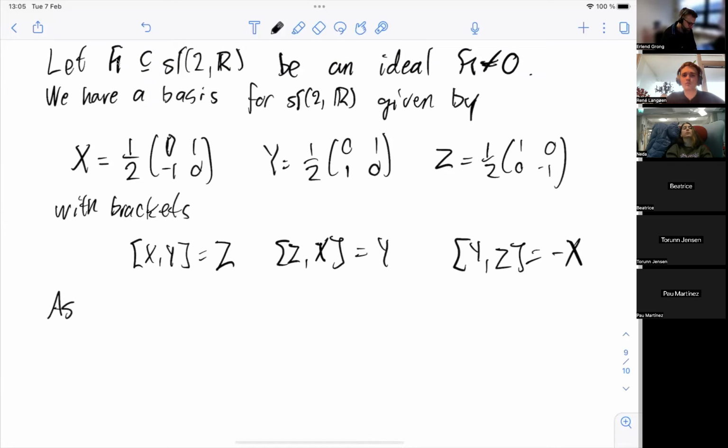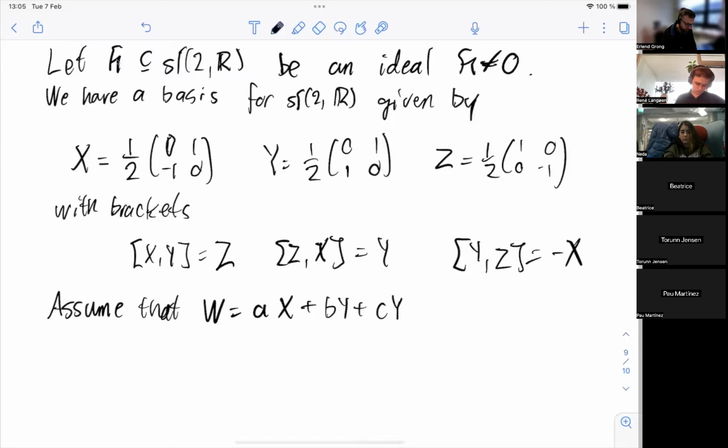So assume that, okay, let's call it W, so as to not confuse it with a unitary matrix. W is AX plus BY plus CZ, which is in H, with A, B, C not all 0.